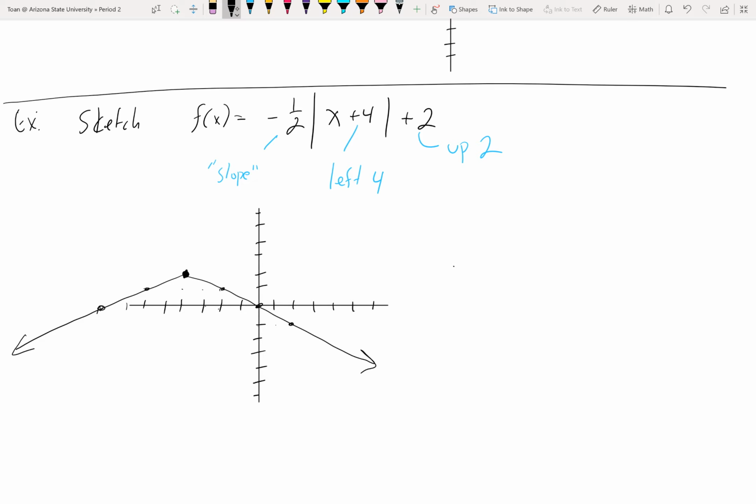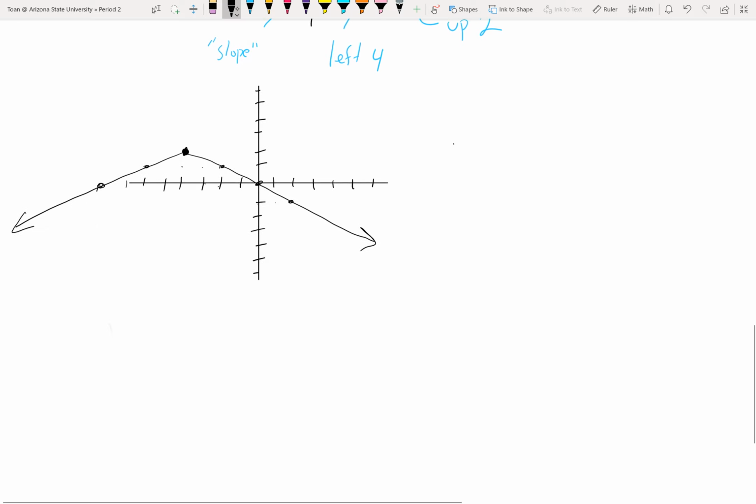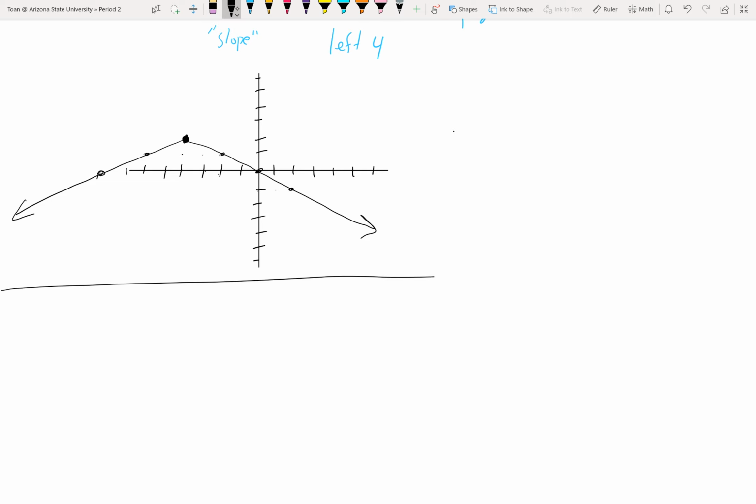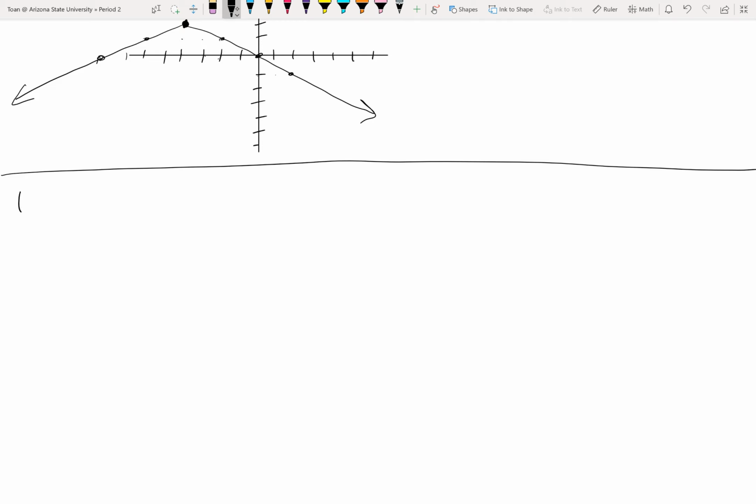Now, the reason why we study function transformations is because it can work with any old function. So I'm going to draw a pretty funky graph here. It's so funky that I don't have an equation for it. It's just going to be random lines. So suppose, just draw some tick marks here.